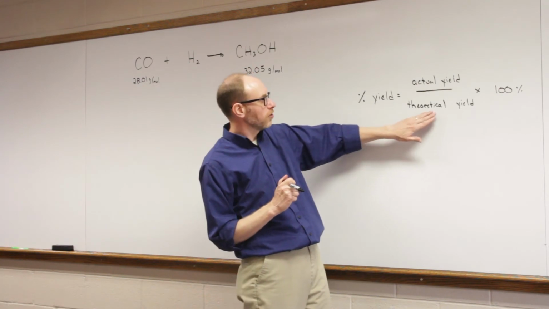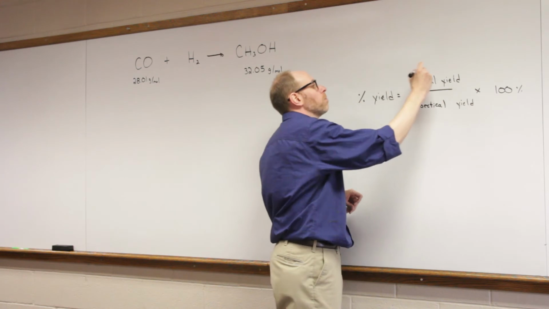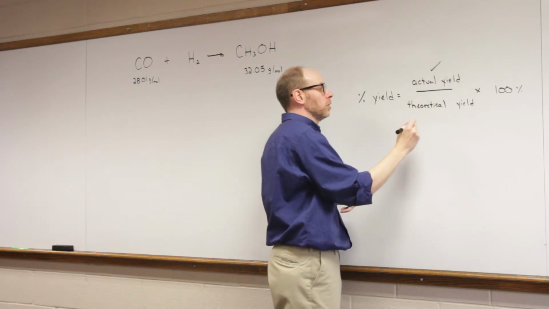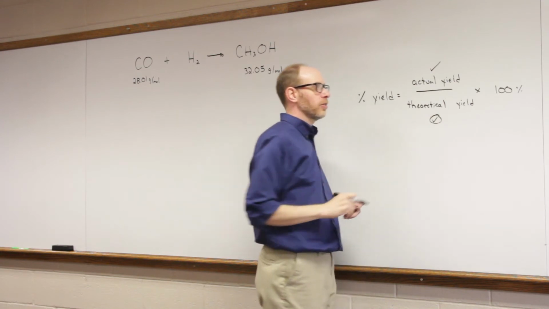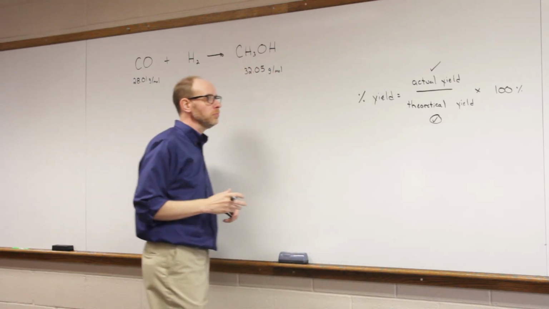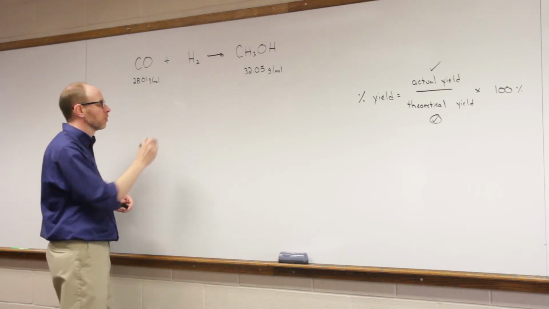So we need to first know, because we want to calculate the percent yield, we have the actual yield. What we need to find next is that theoretical yield. What's the calculated amount of methanol we should be able to produce?